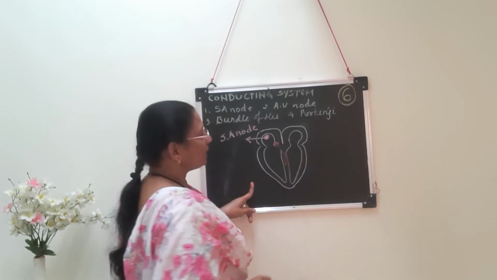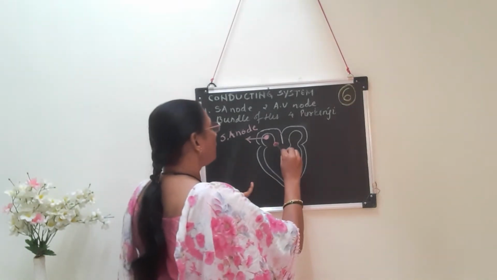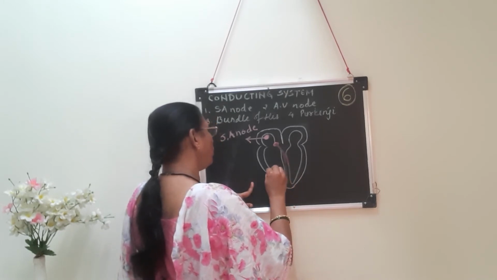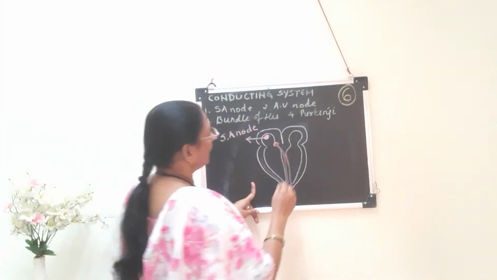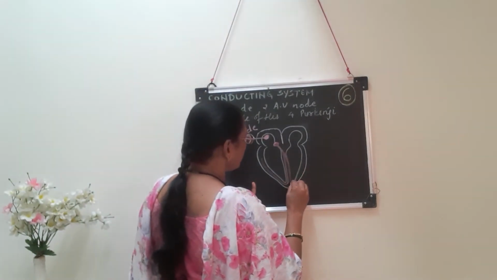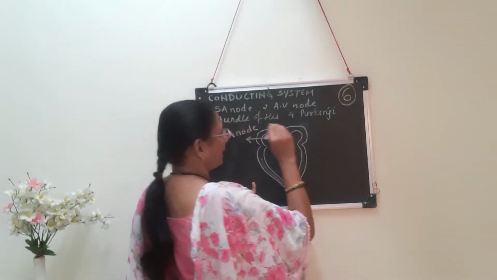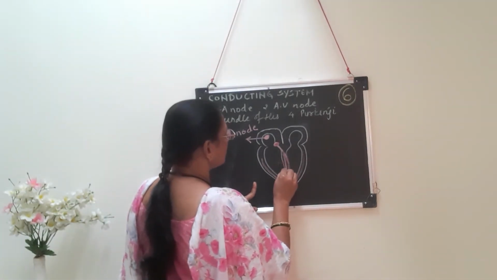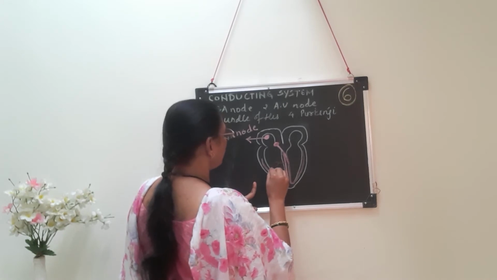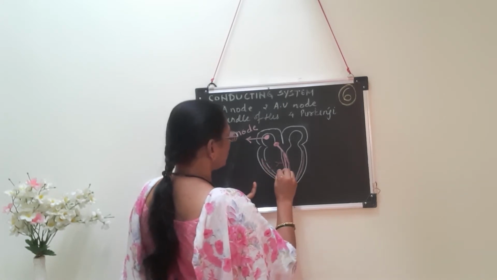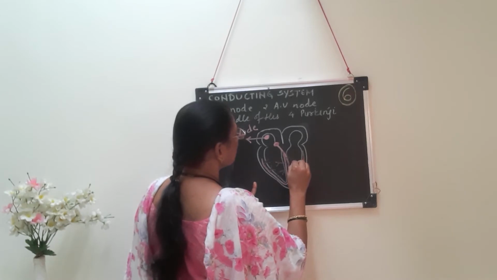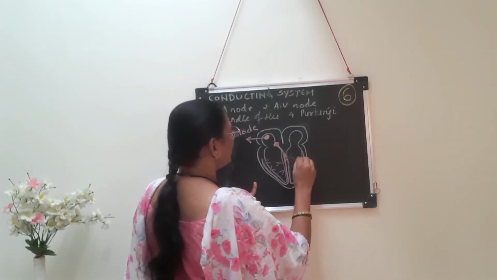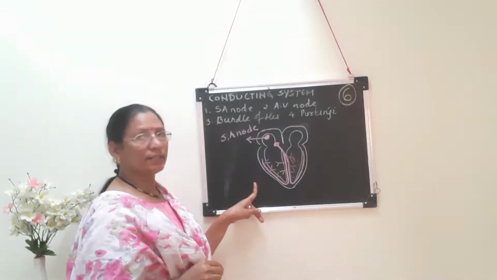This bundle of His bifurcates into 2 branches, one spreading over the wall of the right ventricle, and the second over the wall of the left ventricle. It gives rise to smaller branches which spread over the wall of the ventricles in the form of a fine network, called the Purkinje fibers.